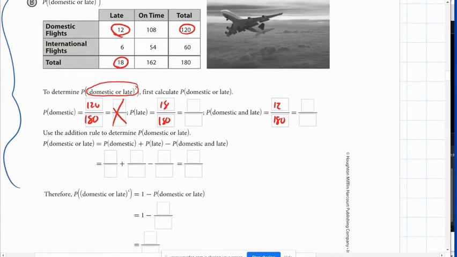Then if we use the rule, this is going to be 120 out of 180 plus 18 out of 180, subtract 12 out of 180, and that is 126 out of 180, which is also 7/10 or 70%.